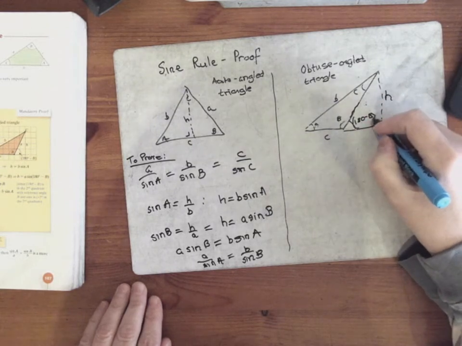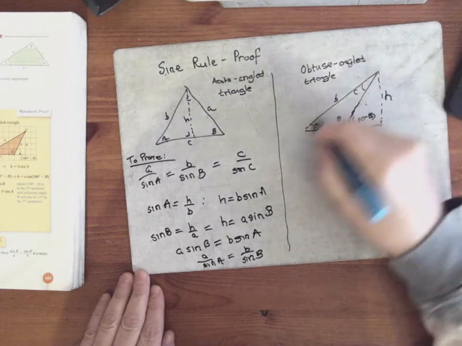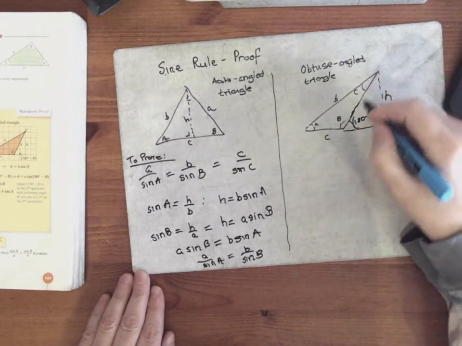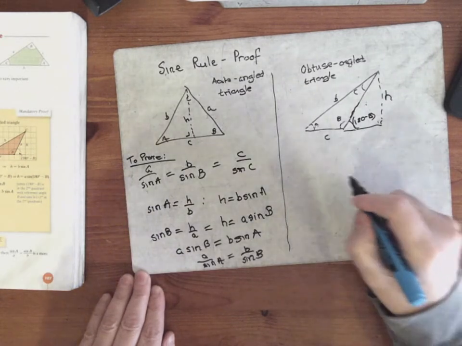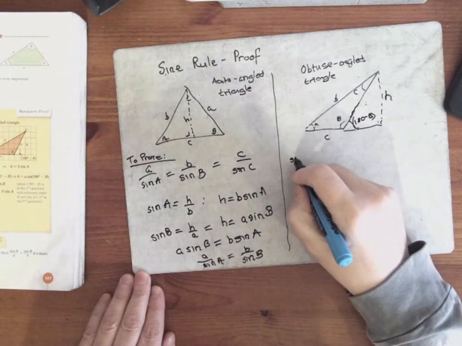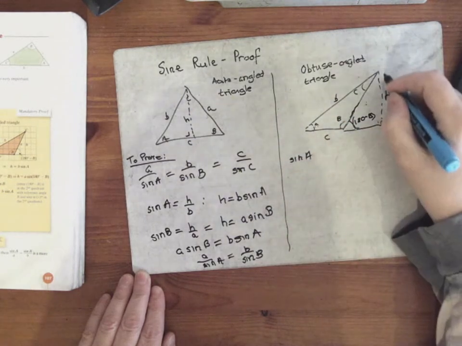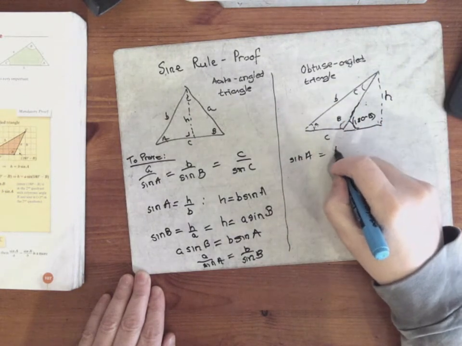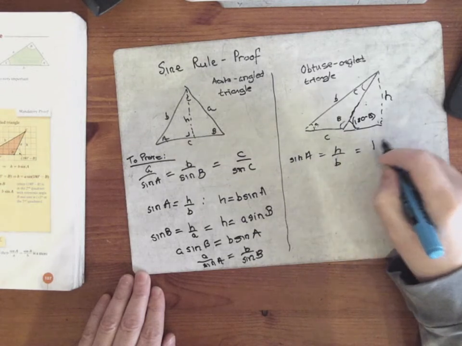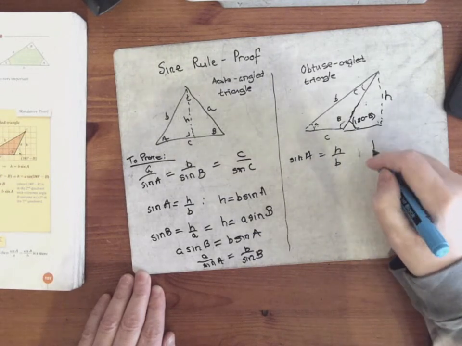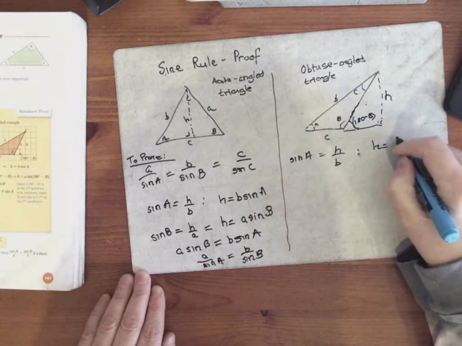So that's the angle 180 minus B. So A is in the big right angle triangle, and 180 minus B, that angle, is in the small right angle triangle. So here we go, sine A in the big right angle triangle is opposite over hypotenuse, which is H over B. So that implies that H is equal to B sine A.